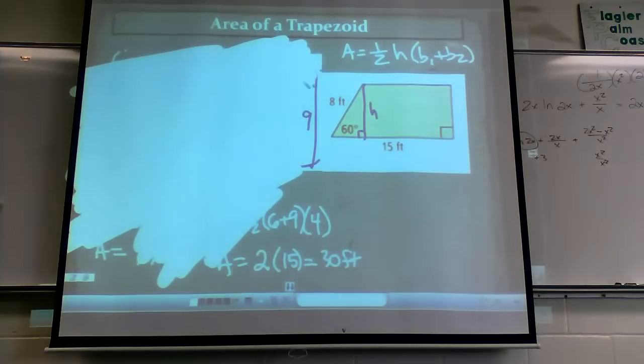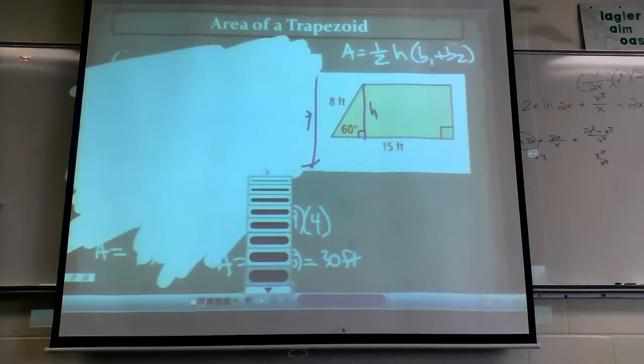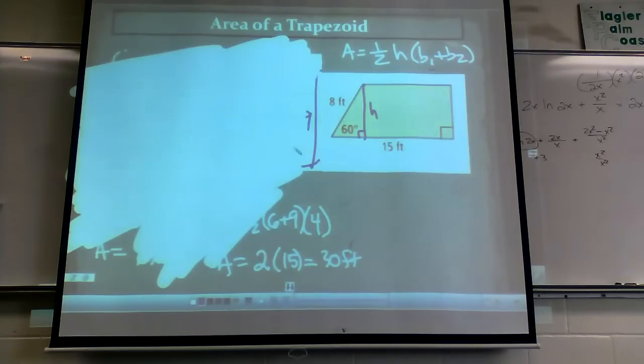You don't actually need sine, cosine, tangent. Now, if you use sine, cosine, tangent in this case, you still get the same answer. I'm not worried about answers being in simplest radical form for these. I more just want you to be able to get the correct answer. Probably rounded to the nearest tenth at the end.